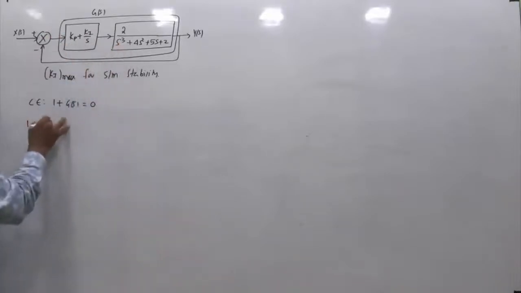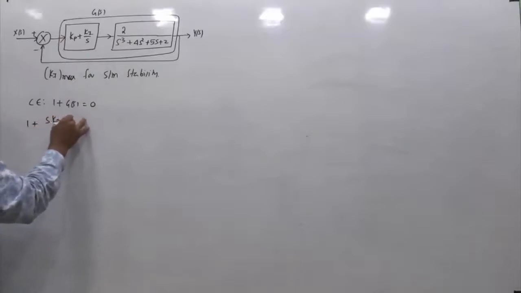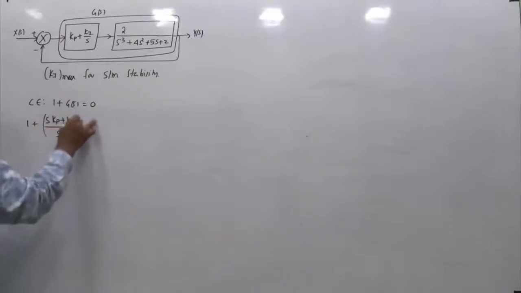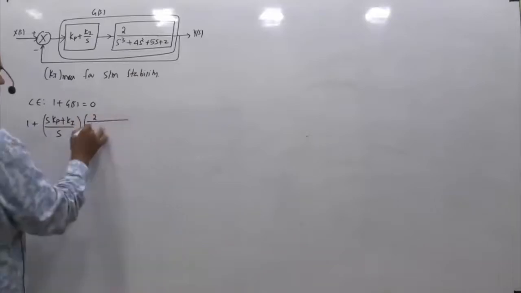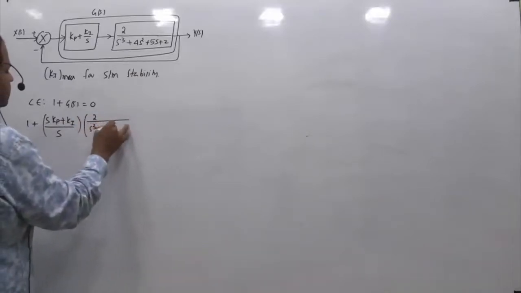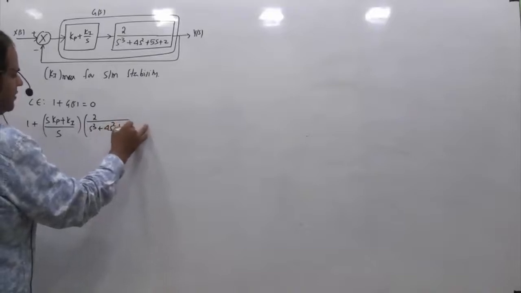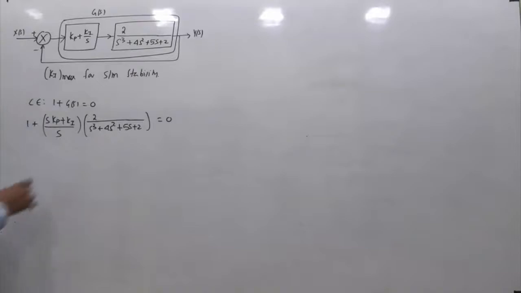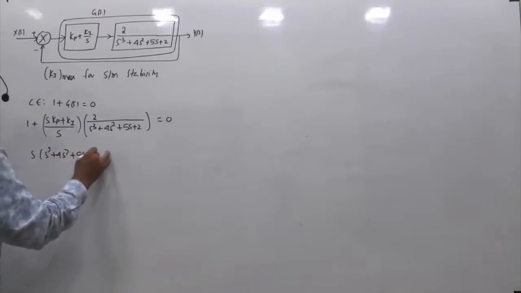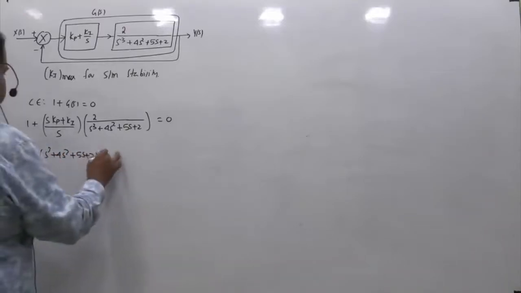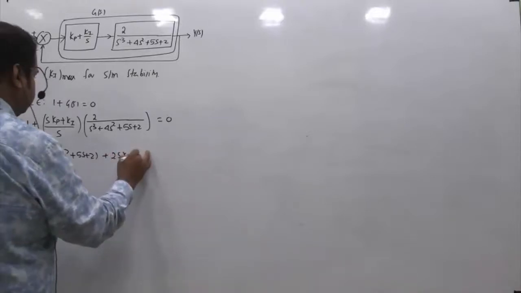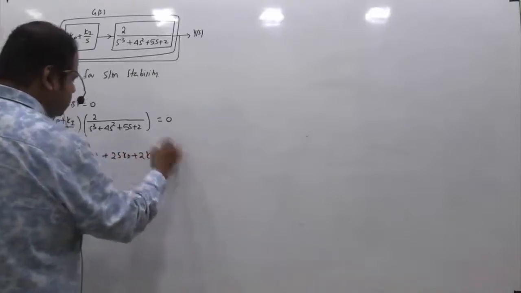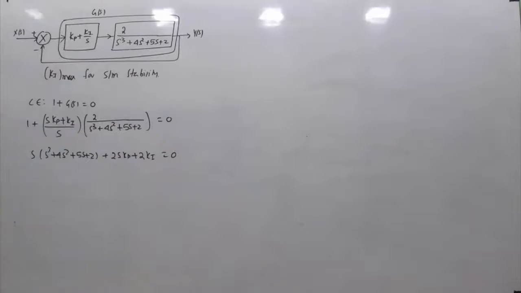So this can be written as (S Kp plus Ki) divided by S multiplied by (2 into S cube plus 4S square plus 5S plus 2), this equal to 0. Now if you simplify this, so this is S into (S cube plus 4S square plus 5S plus 2) plus 2S Kp plus 2 Ki equals 0.